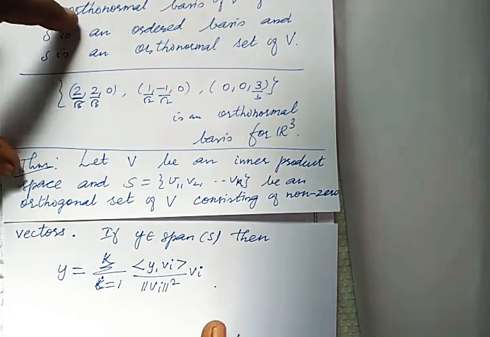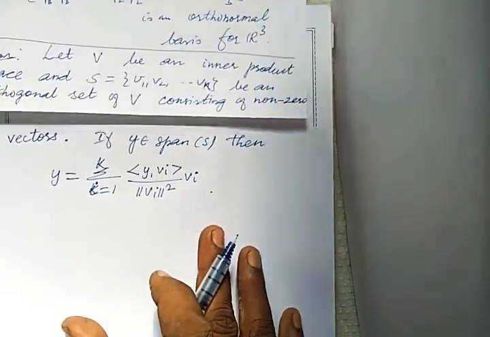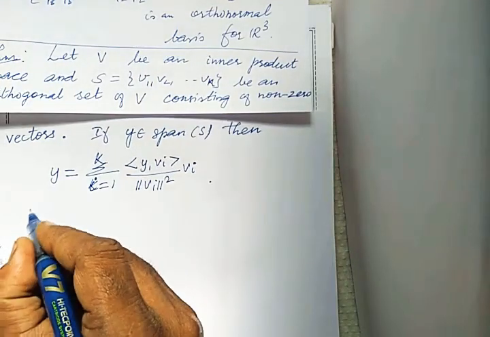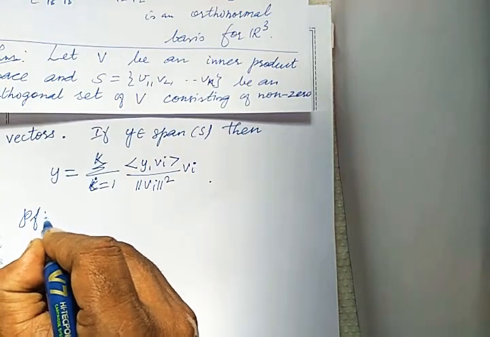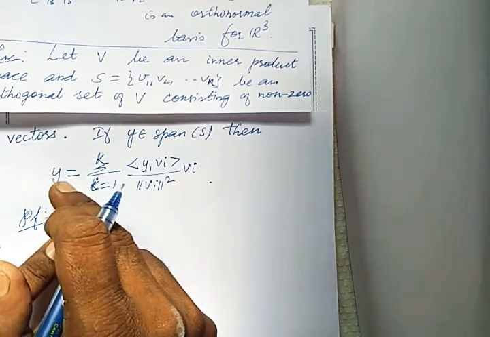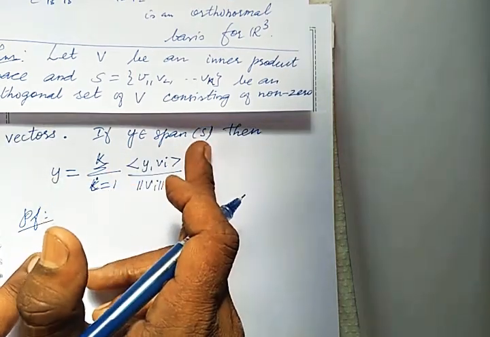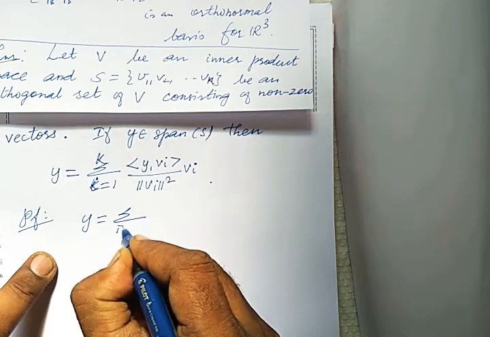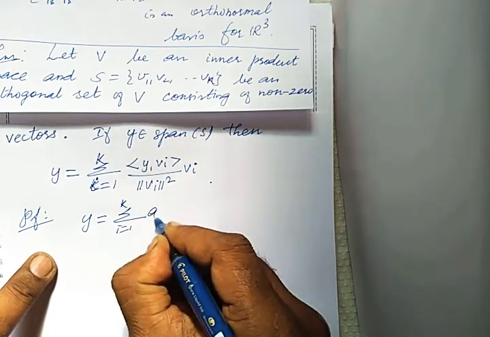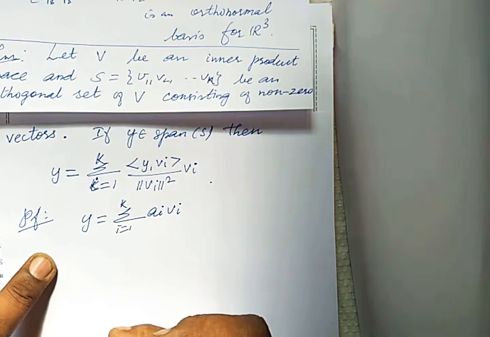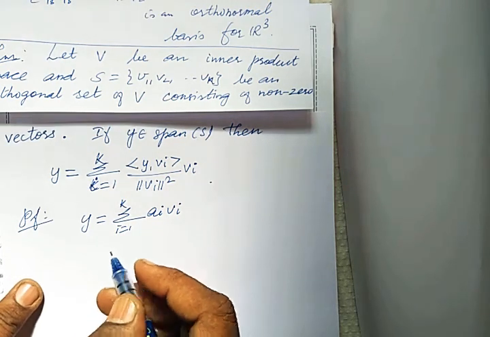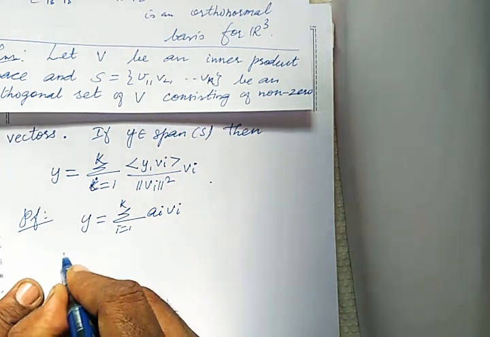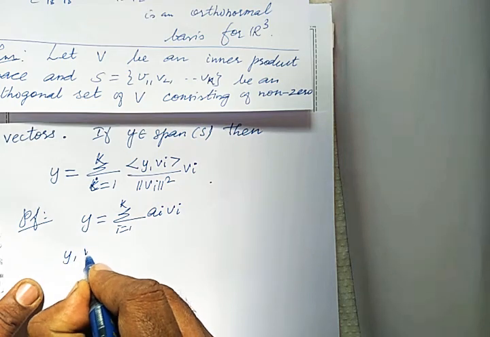So now let us prove this statement. Proof. y belongs to span of S. So surely y is equal to the summation i equal to 1 to k of ai vi, right? Now let me find the inner product of y comma vj.